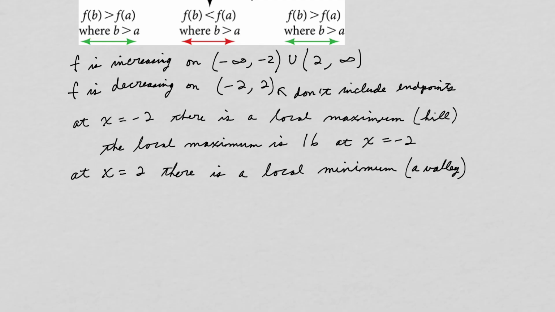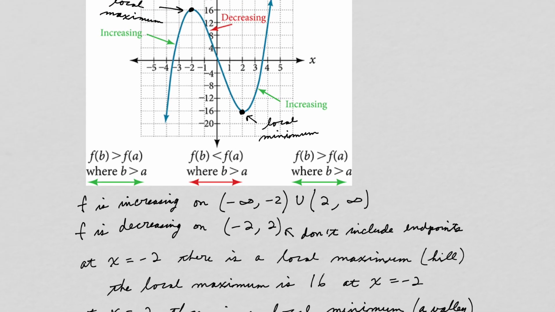And then again, if I'm asked for the local minimum, that's really the output value. So I can say the local minimum is, well, what's the output value at 2? It looks like it's negative 16, right?